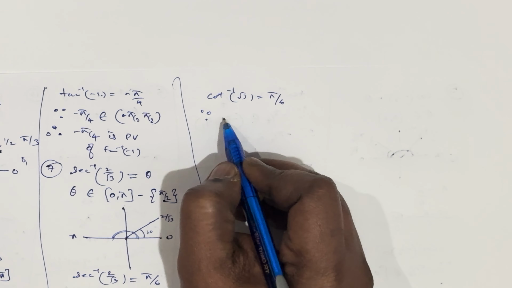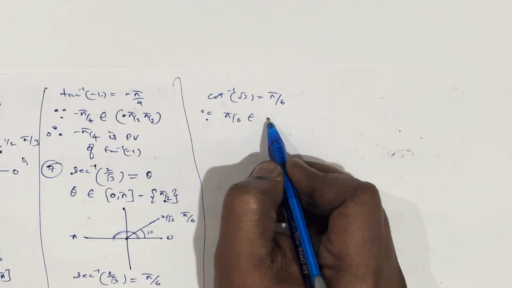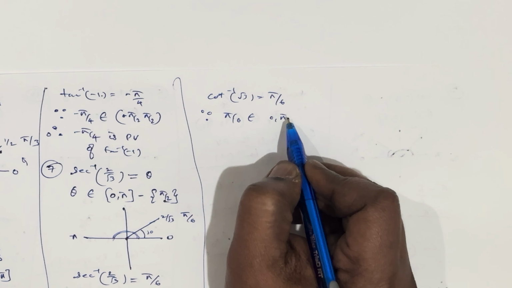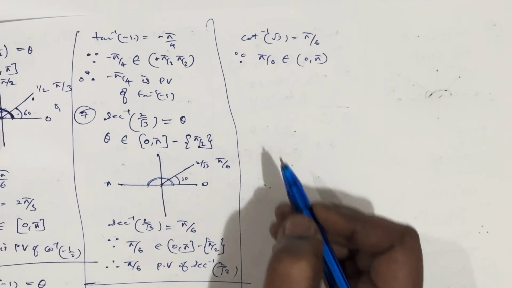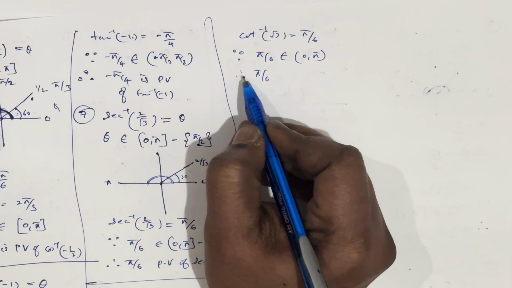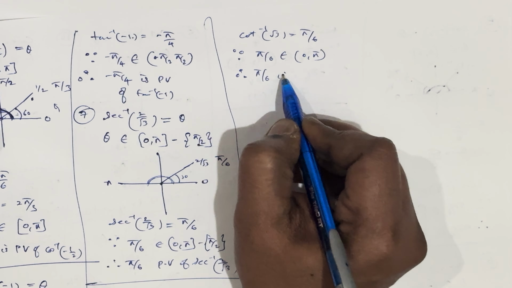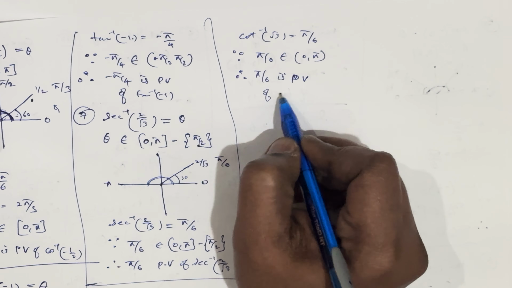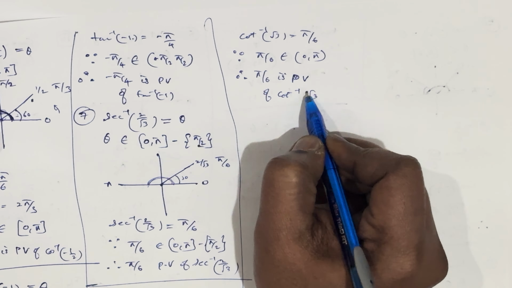Since pi by 6 belongs to the range 0 to pi open interval, therefore pi by 6 is the principal value of cot inverse root 3.